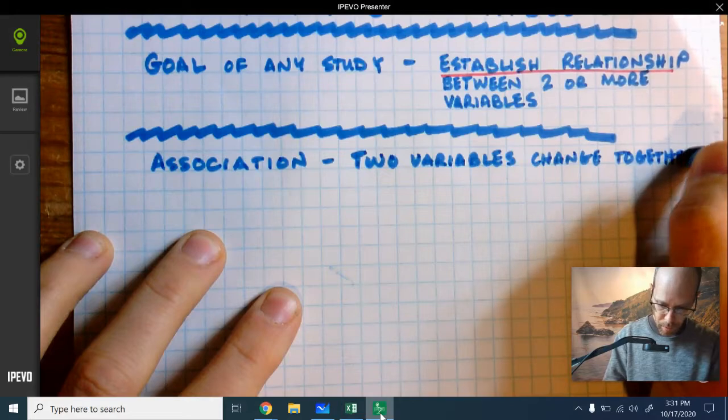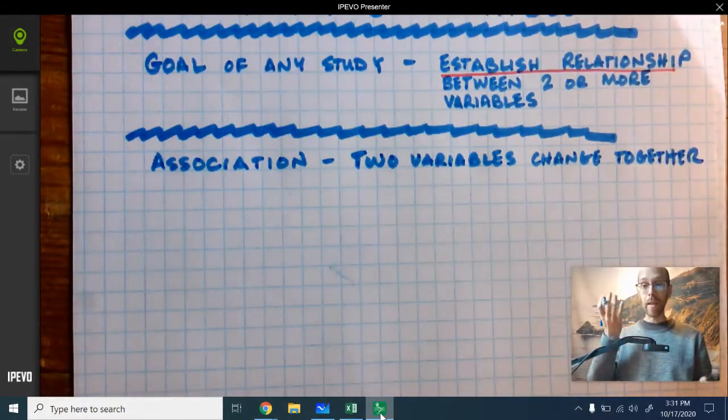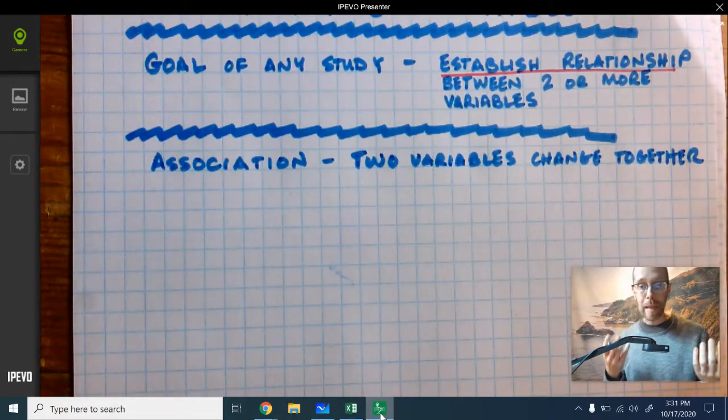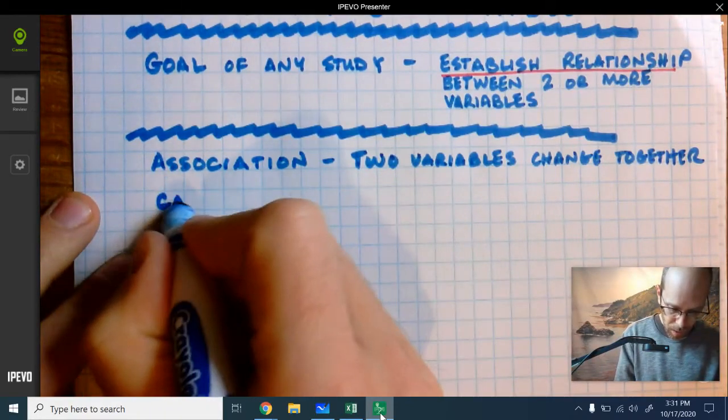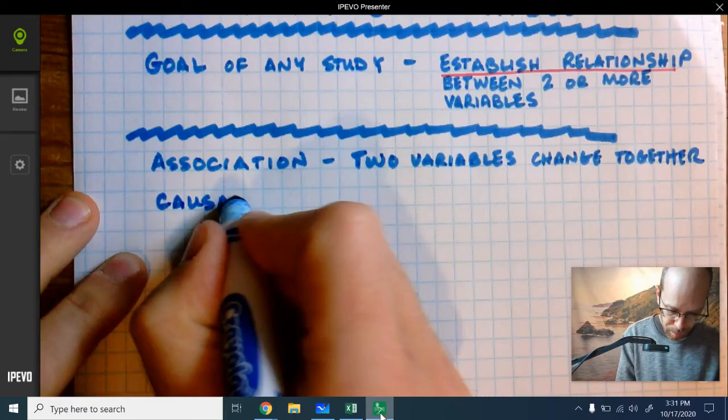When one increases, the other increases, or when one increases, the other decreases. Could be either way. Let's contrast this with something called causation.